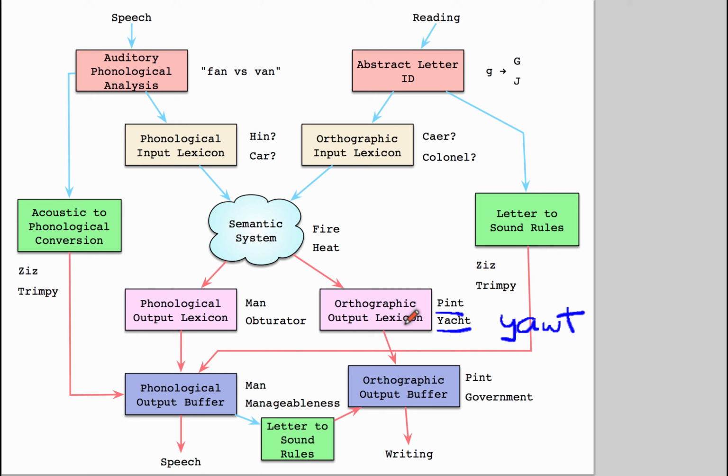What they've had to do is, mentally, do an acoustic to phonological conversion, right?